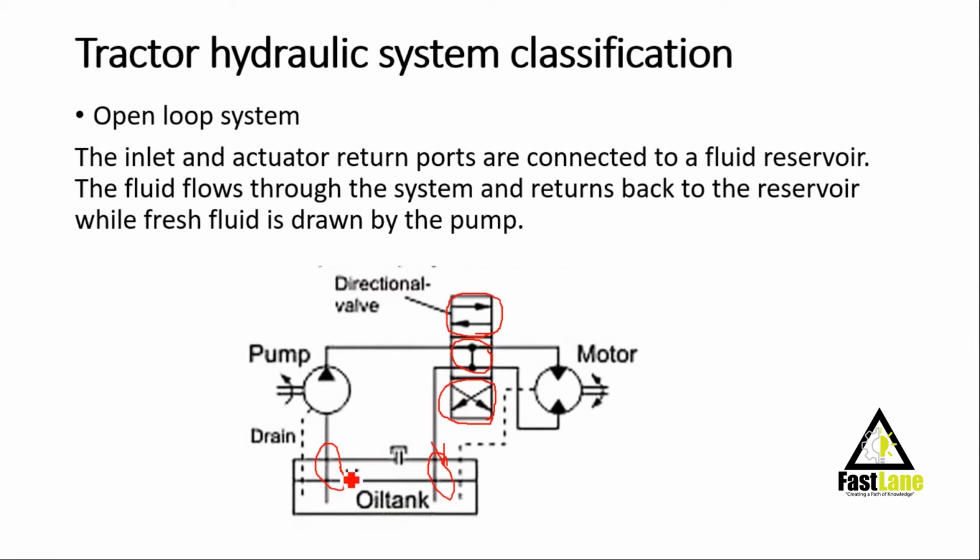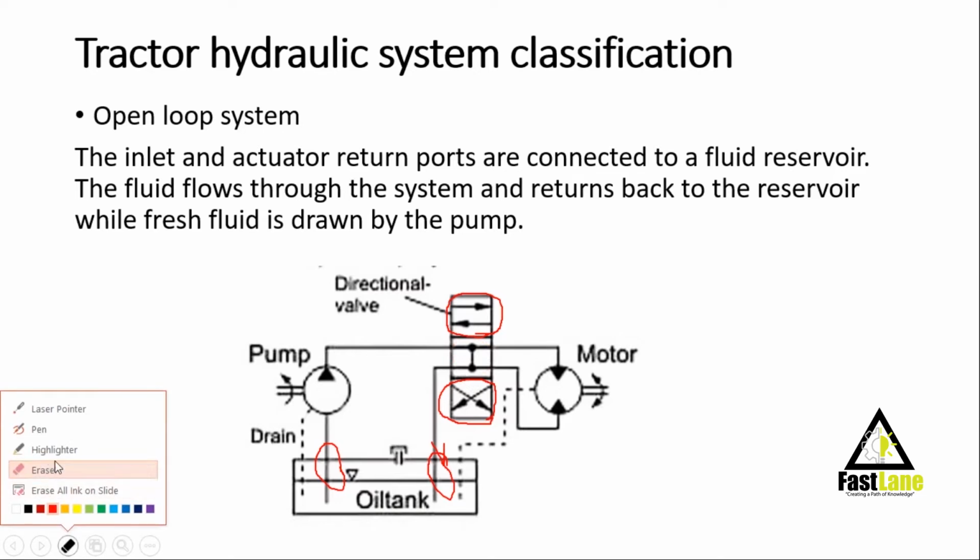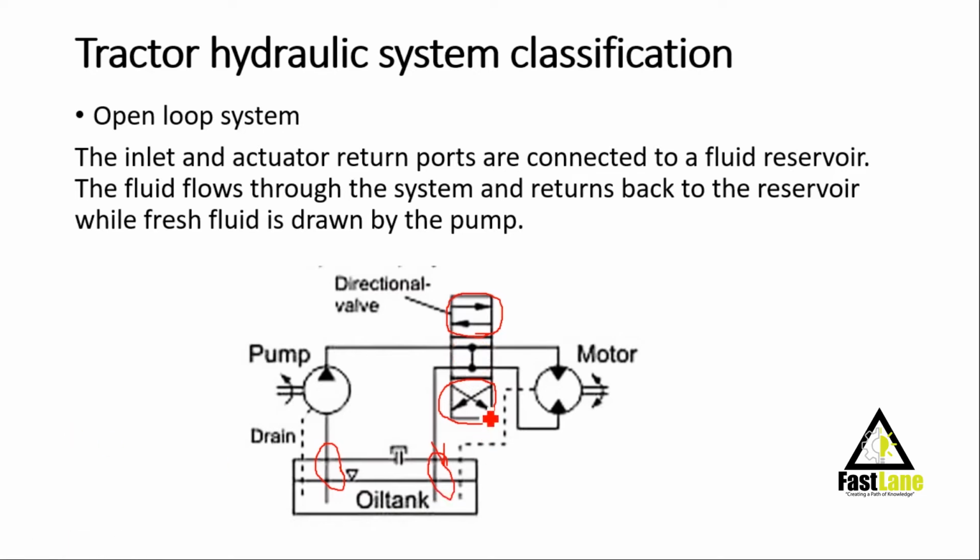So when you look at the direction of these arrows, in this case we are trying to change the direction of flow of the fluid. When you flip the valve in this position, you look at this upper arrow, it will move from this point to that point.